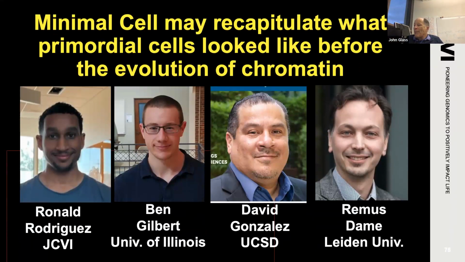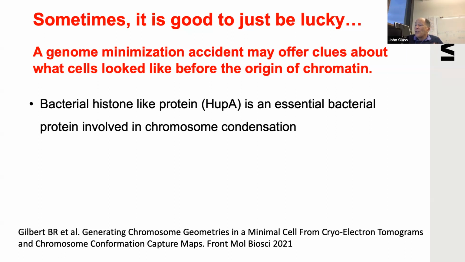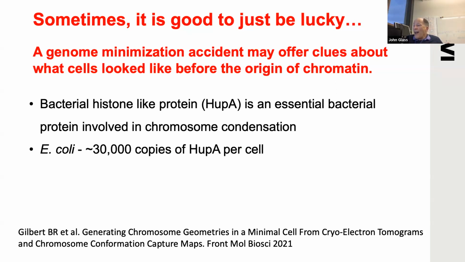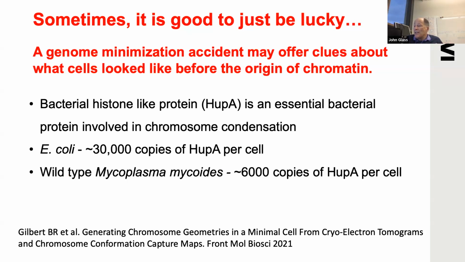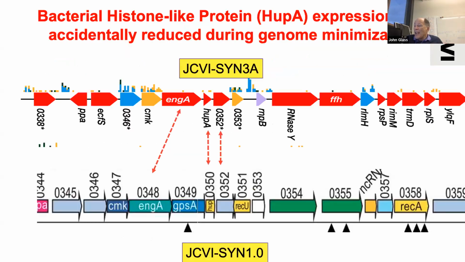We have another example of how the cell may recapitulate what life was like before the invention of chromatin. So bacterial protein HuPA is an essential protein involved in chromosome condensation. E. coli has 30,000 copies. Wild-type Mycoplasma mycoides has 6,000 copies, but the minimal cell has 28.